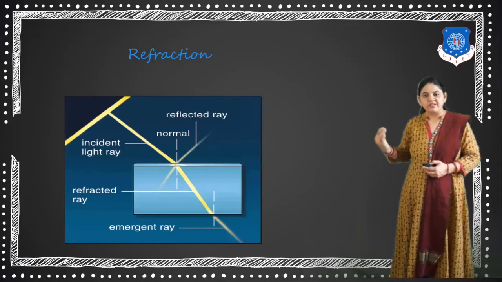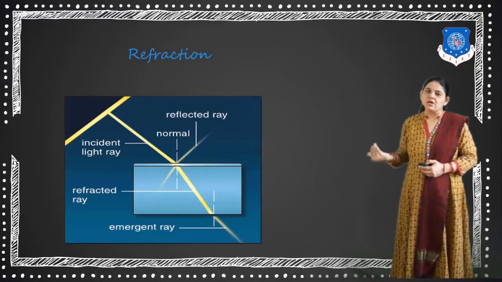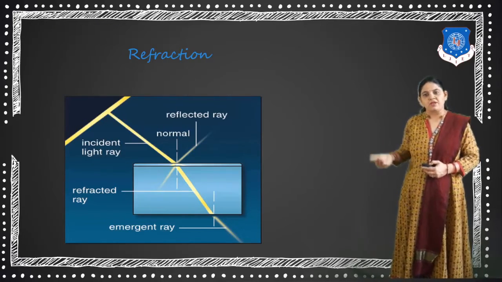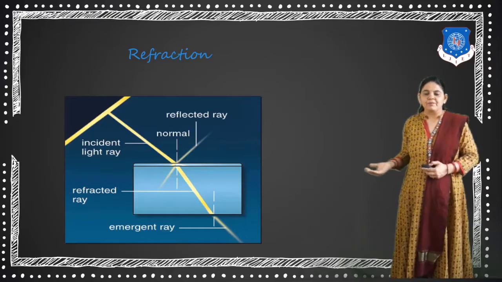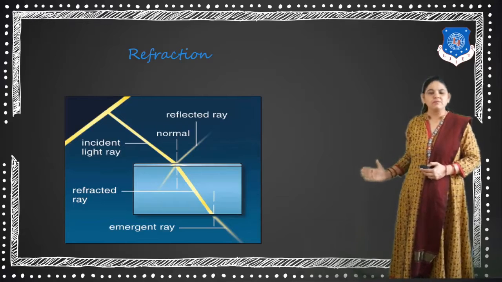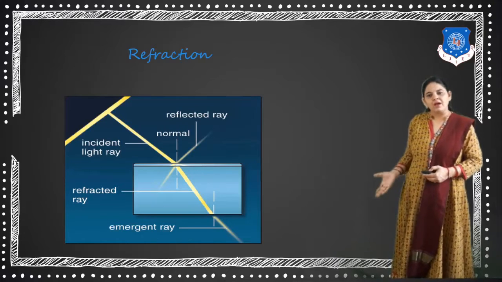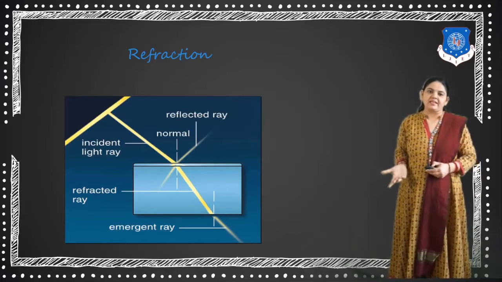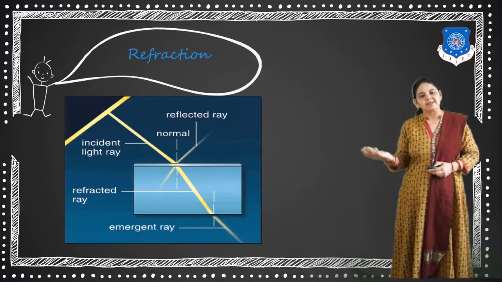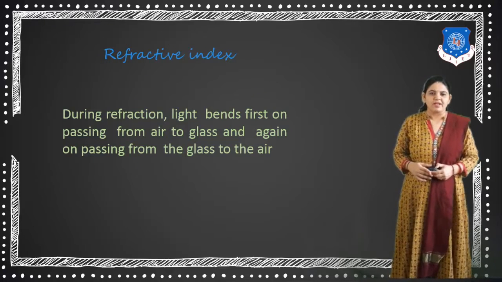Now when it passes from the air medium to the water medium, you can see the refracted ray, and when it passes from the glass medium to the air medium, again the refracted ray goes away from as well as towards the normal axis.